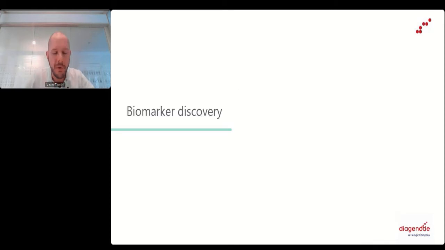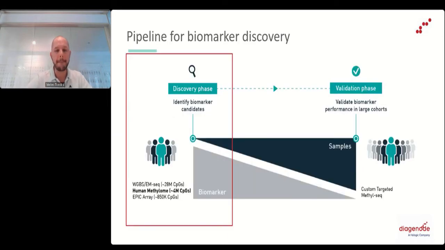So now that we have introduced DNA methylation and why it is important to study it, how can we use DNA methylation for biomarker discovery, and what is biomarker discovery? A biomarker discovery is a pipeline for which we can use different samples where we would like to find a pattern that can differentiate one group from the other, a sort of signature.